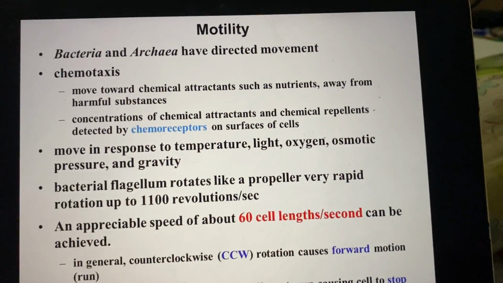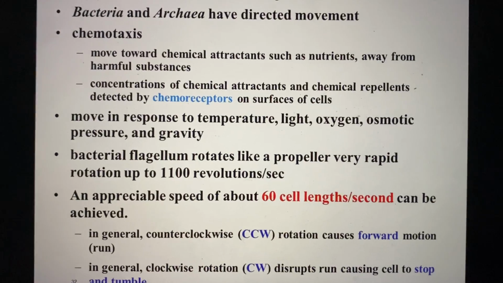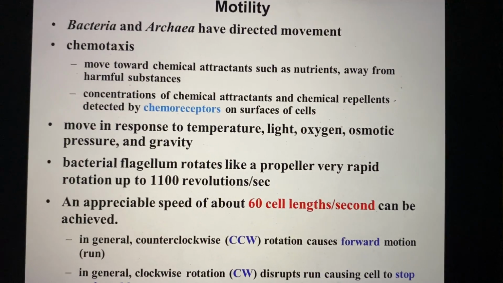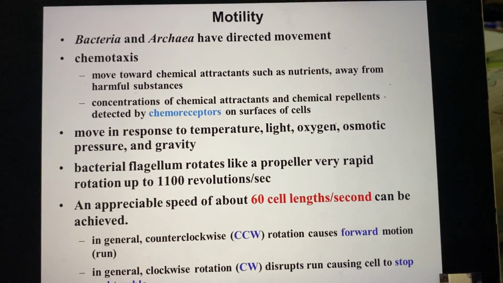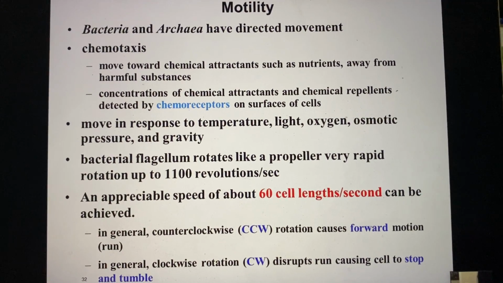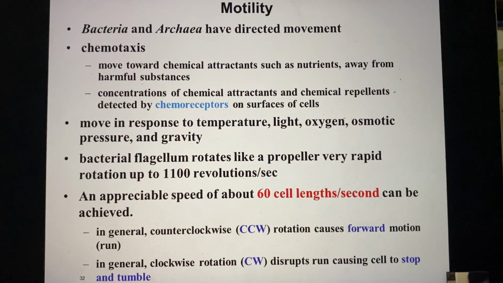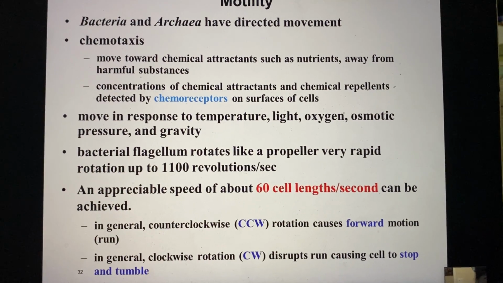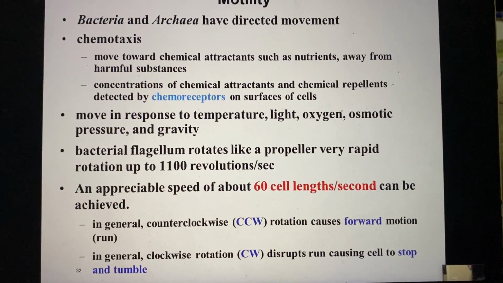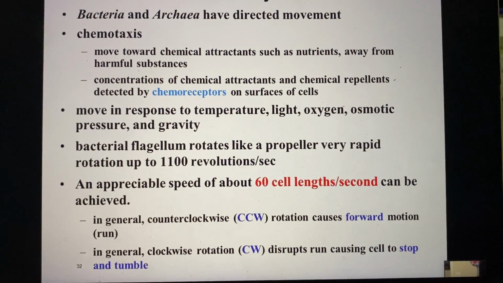And of course, these chemoreceptors are capable of gauging the concentration of the chemical attractants. As the cell has to move towards where there is more of those chemicals, there is a concentration gradient that is looked at as to how fast it will move towards it.